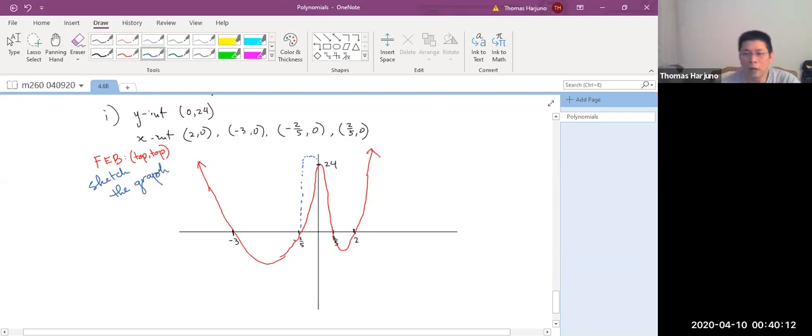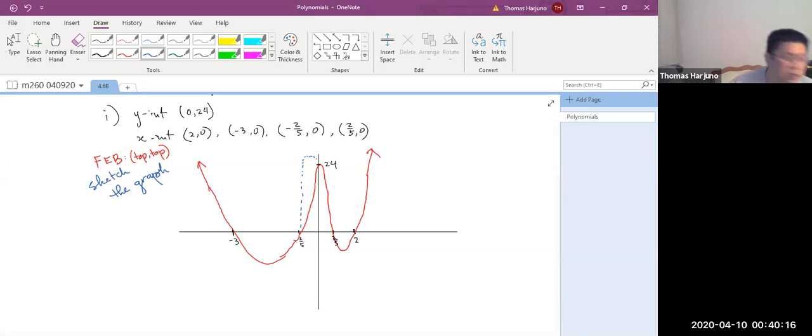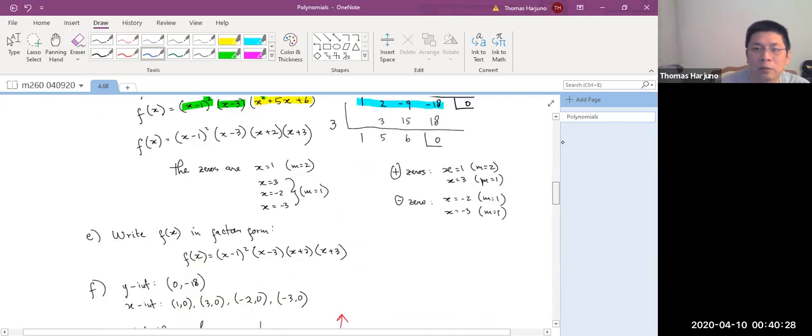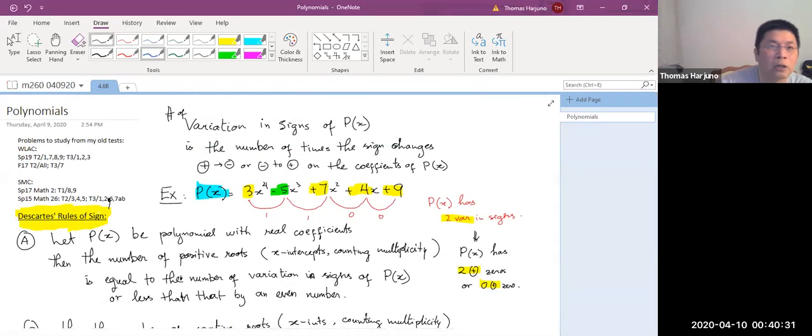Now, I'm about to give you a break. When we come back, we will go on with 4.7. Basically, after this, you will take a look at my old tests and try to do some problems from there, especially on the polynomial and, if possible, rational functions too later on. On your screen, you should see problems that you should study from my old tests.